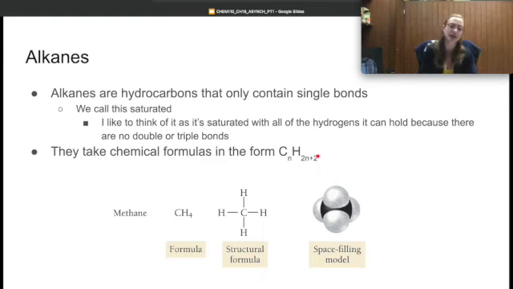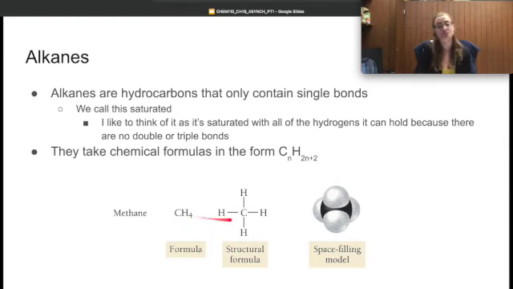So if you're breaking down a chemical formula and you can make it fit this format, then it's an alkane. So for example, here I have methane, which is C sub 1, H sub 4. So that's like n equals 1. And then I can say that 2 times 1 plus 2 is 4.